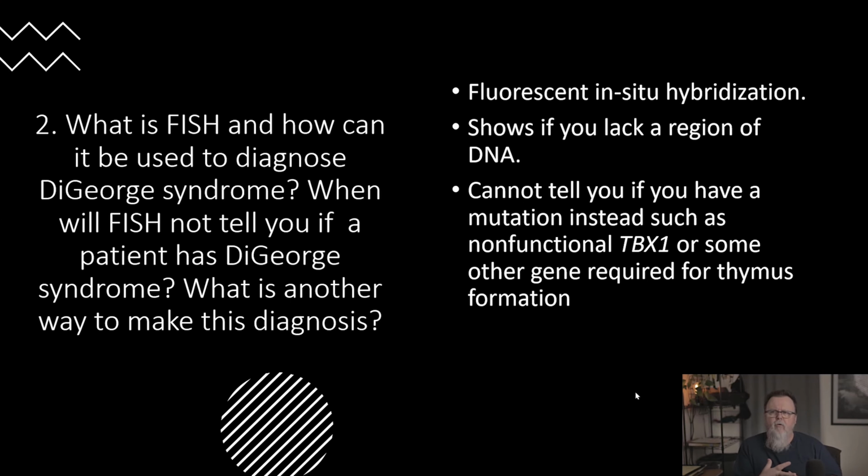What it can't tell you is if there's like a point mutation in TBX1 or in some other gene that affects thymus development. And another way to diagnose that would indicate the presence of other mutations would be to sequence the genome.